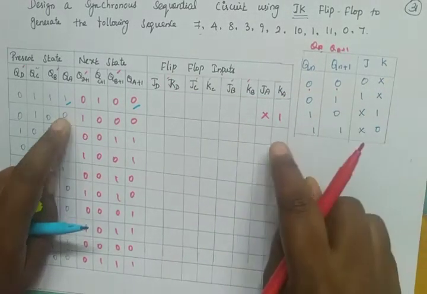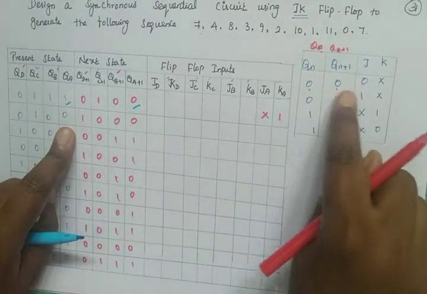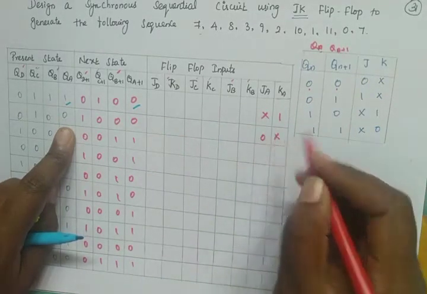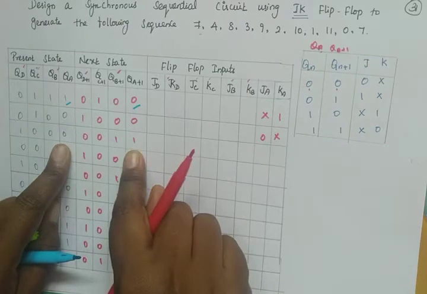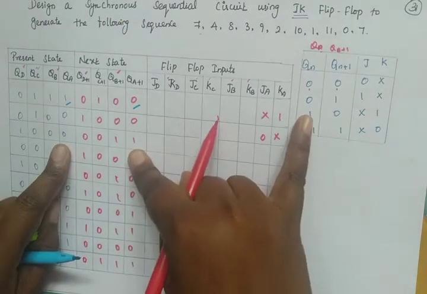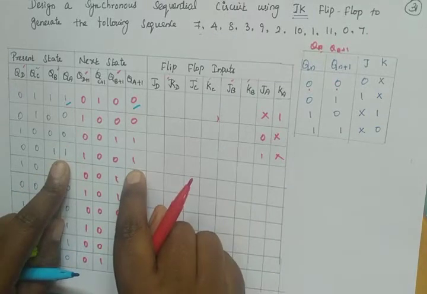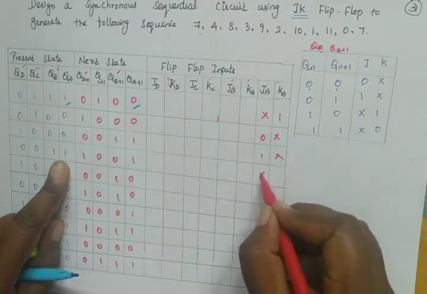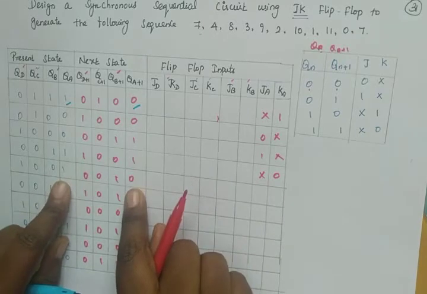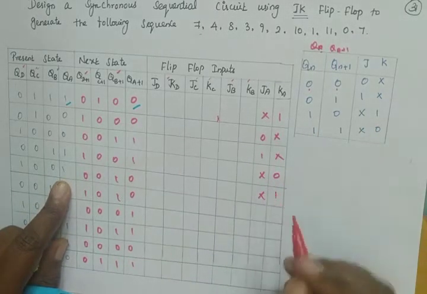Then for 0, 0, check here 0, 0, 0, X. Then for 1, 0, 1. For 0, 1, it is 1, X. Then for 1, 1, X0. Then for 1, 0, X1.